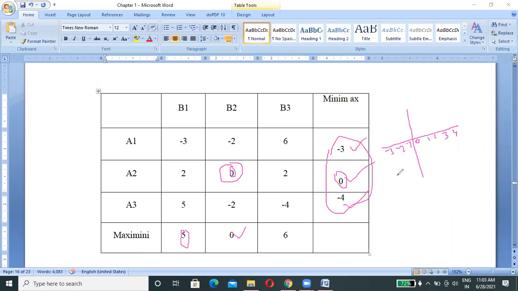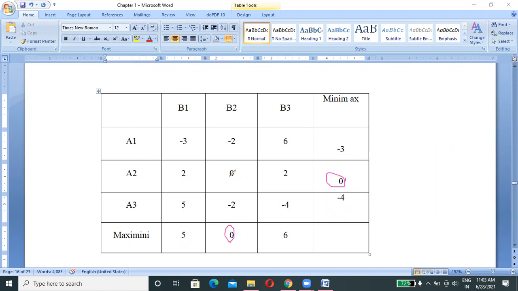In this way we know that 0 is the maximum value here, and here the maximum value is also 6 and 1. Here the common number which is repeated is 0, 0 and 0.